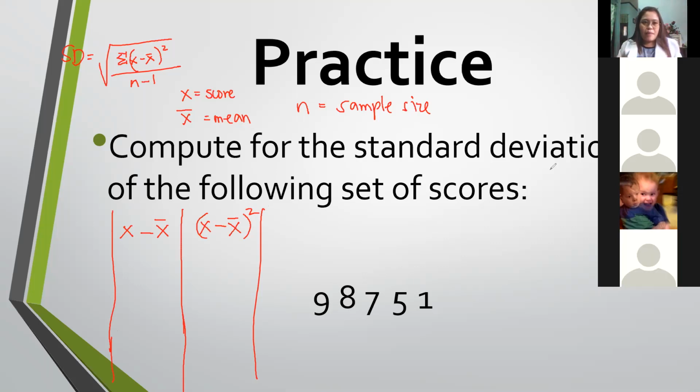You cannot compute the standard deviation without the mean. So what is our mean here? This is 9 plus 8 plus 7 plus 5 plus 1, which is 30, divided by how many? 5. So our mean here is 6. This is what we will use in the computation.